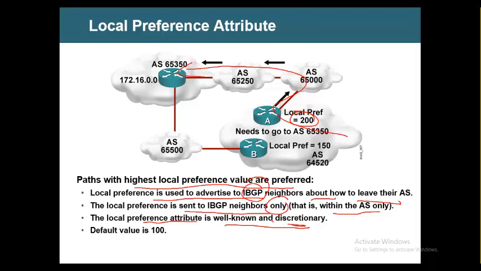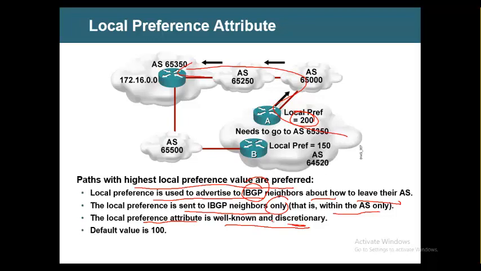The word partial will come only when the attribute is optional and transitive. This is not an optional attribute. This is well known. Optional attributes are not well known. Some vendors will have it, some vendors will not have it.